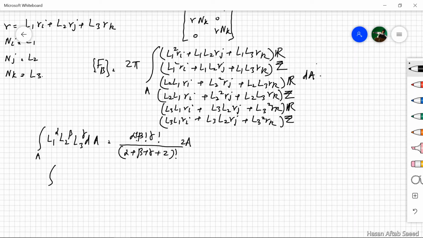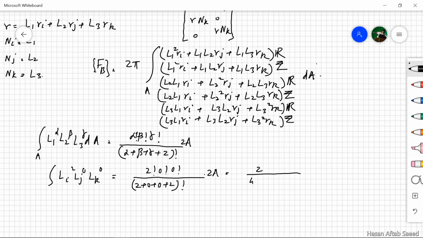First one is Li square and Lj to the 0, Lk to the 0, which is 2 factorial 0 factorial 0 factorial over 2 plus 0 plus 0 plus 2 factorial into 2A, 2 over 4 into 3 into 2, 2A. This is A over 6.